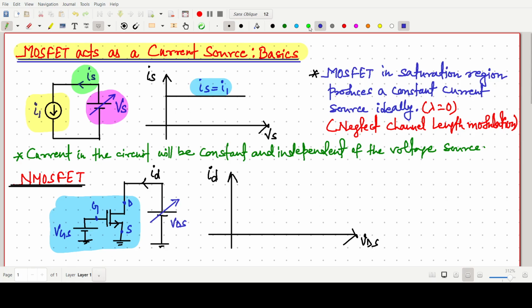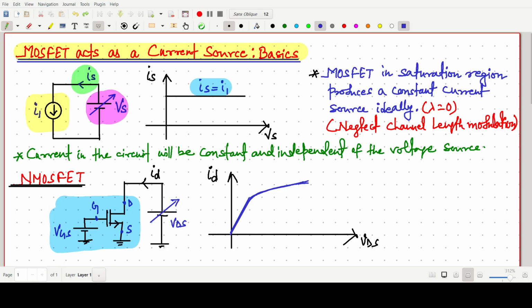So if we plot the curve, ID versus VDS, as we know the curve is somehow like this. We can say this one is the curve.